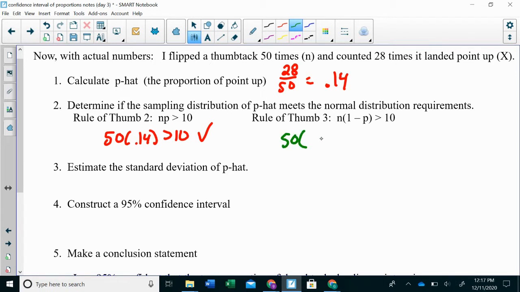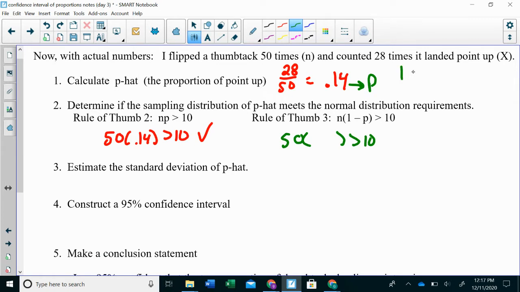Is 50 times 1 minus p. So again, we need to calculate that 1 minus p. 0.14 is p hat. That p hat becomes our letter p. So that 0.14, because we will eventually see it is normally distributed, that 0.14 is our letter p.